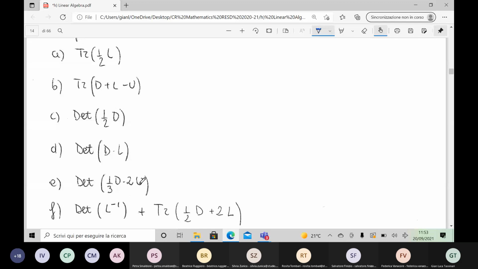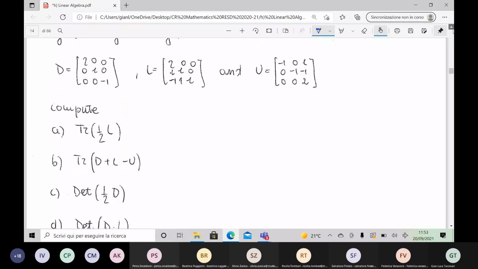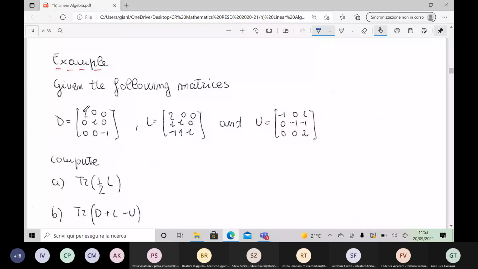Determinant of D times U is determinant of D times determinant of U. So how can you compute the determinant of D? Diagonal matrix, product of the elements of the main diagonal. Determinant of U. What kind of matrix is this one, guys? All the elements below the main diagonal are equal to 0.